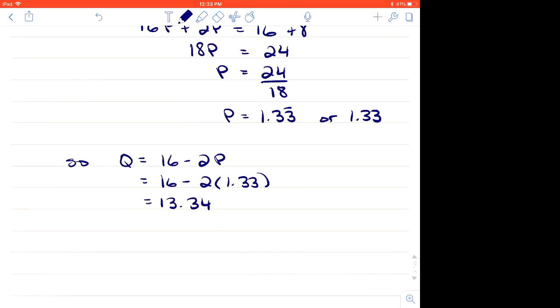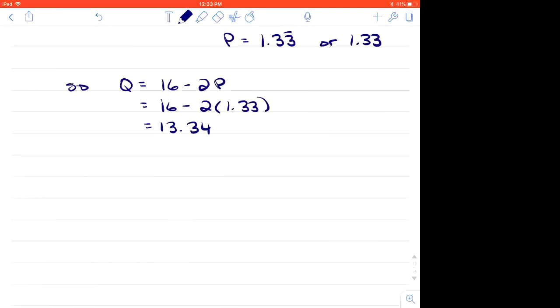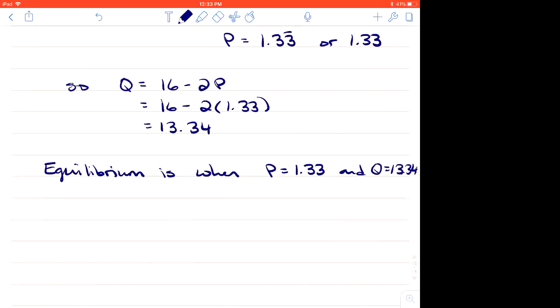It doesn't matter, you should get the same answer though. So equilibrium is when P is 1.33 and Q is 13.34.